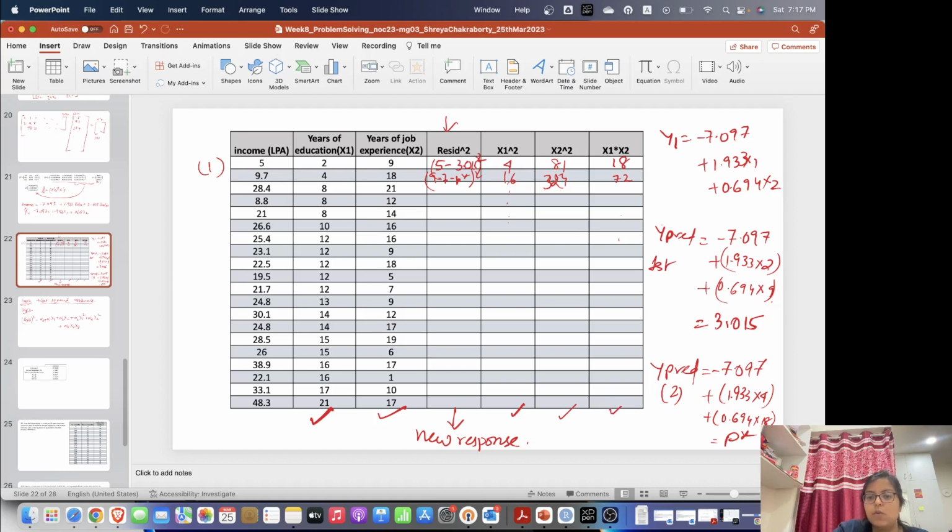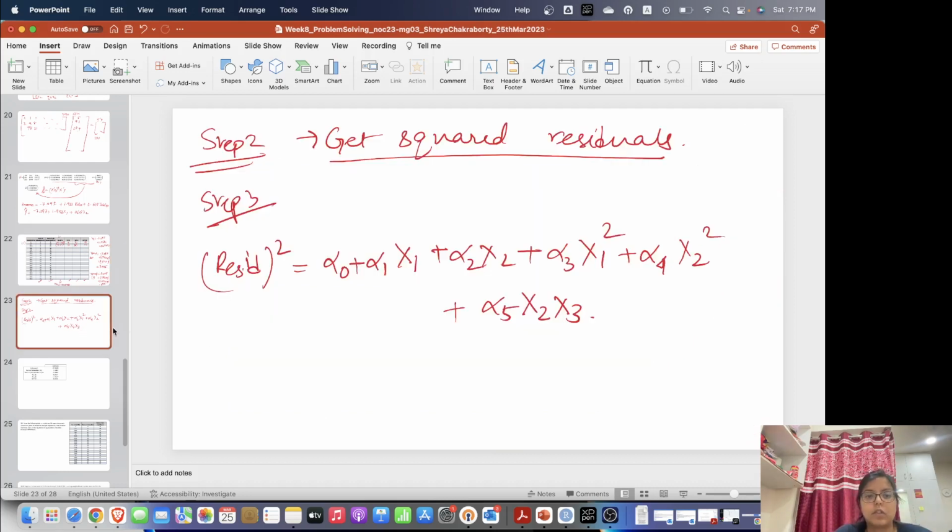Okay, so once we have done that, then we'll fit this model. Again we are going to get that X matrix. So the X matrix this time will be: first column is 1, this will be the x1 column, this will be the x2 column, then we would have x1 square, x2 square, and x2 x3.